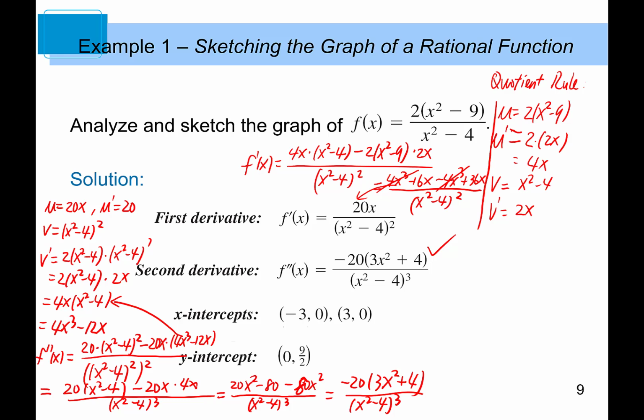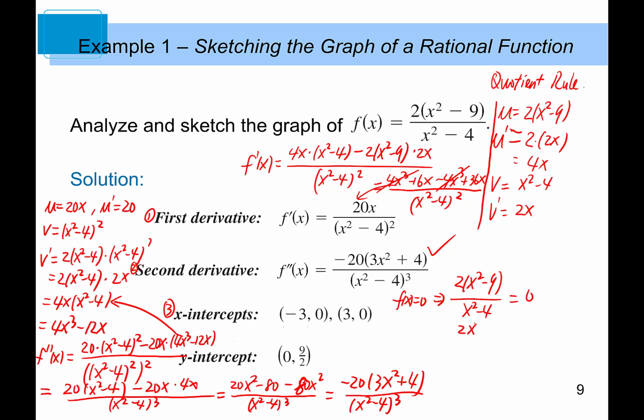And in terms of finding the x-intercept: first step, first derivative; second step, second derivative; third step, find the x-intercept by setting f of x equals 0. That means (2x squared minus 9) over (x squared minus 4) equals 0.